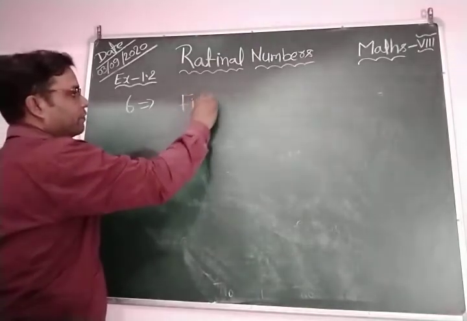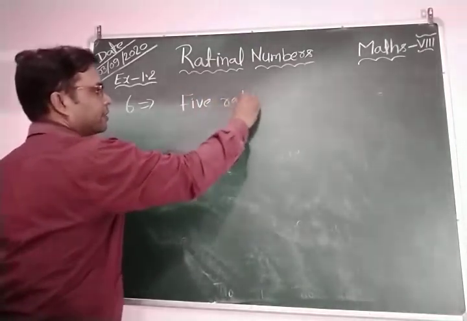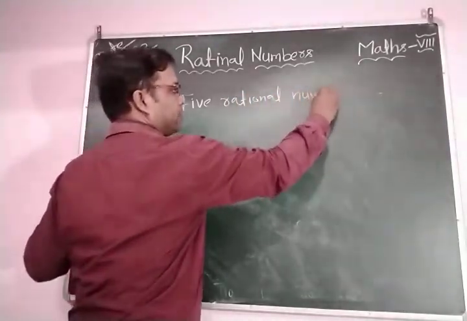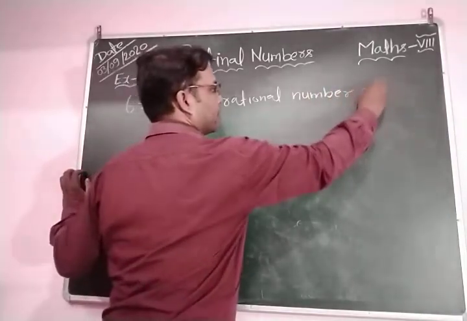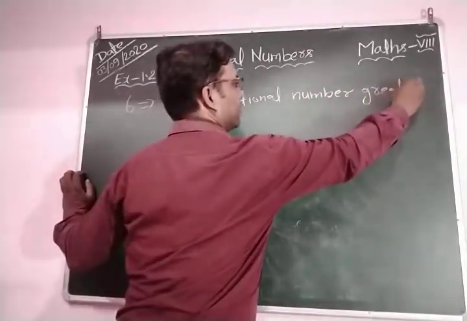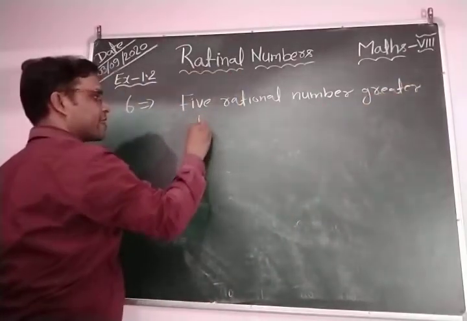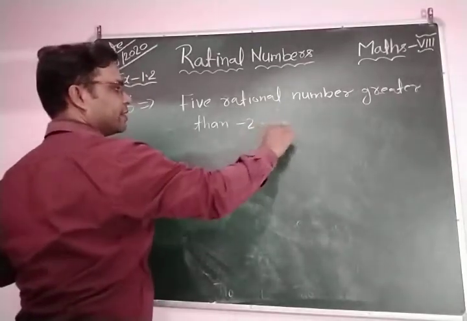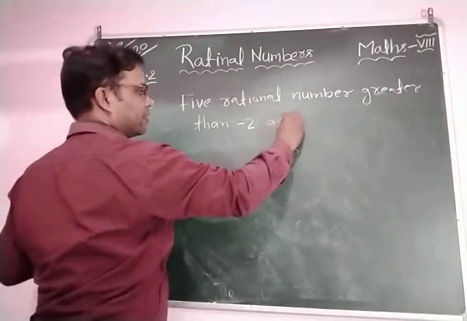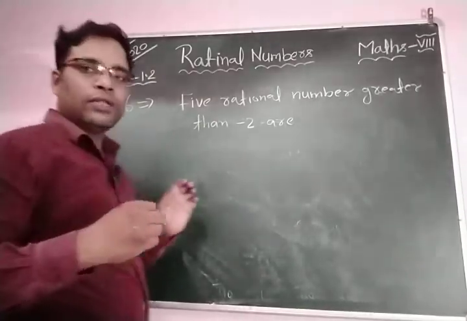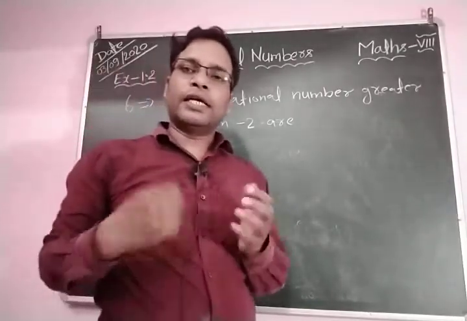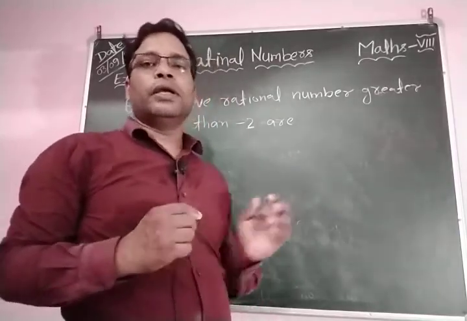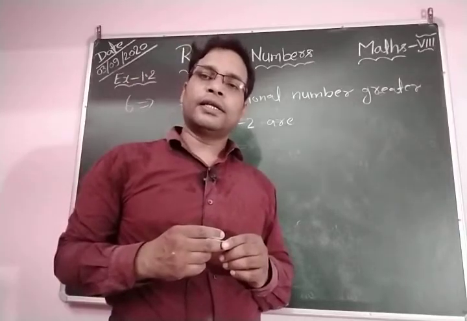Okay, so we have here 5 rational numbers greater than minus 2. All those numbers which lie on the right side of minus 2 on the number line are greater than minus 2.